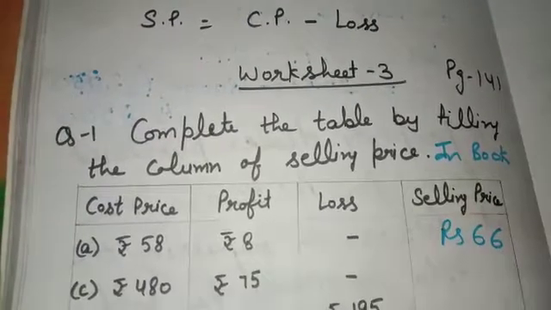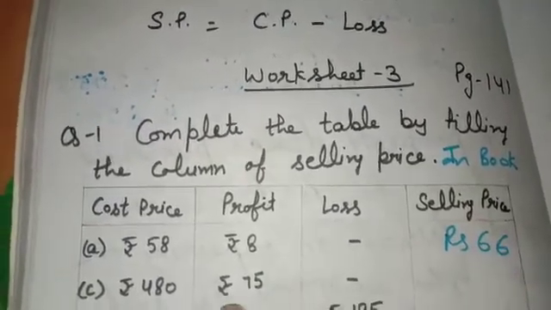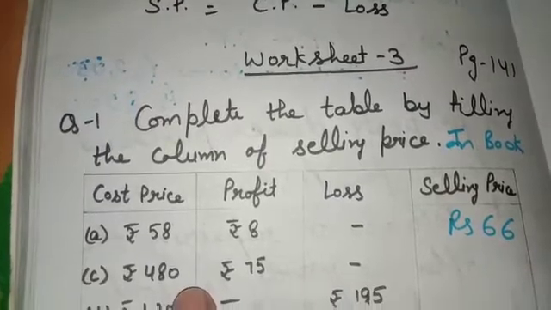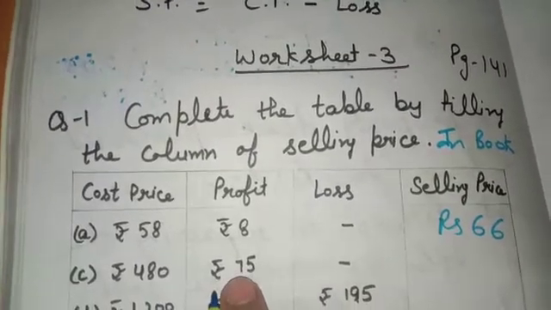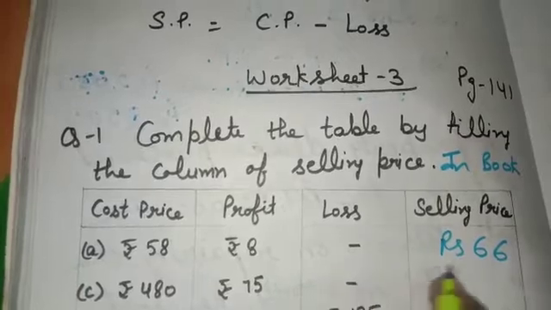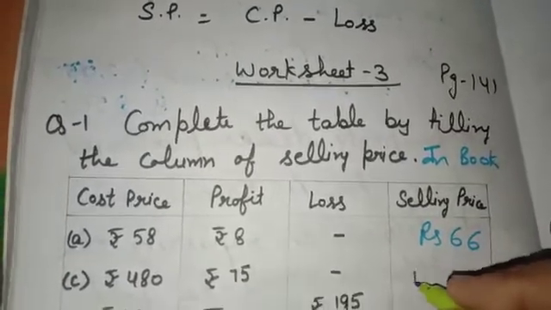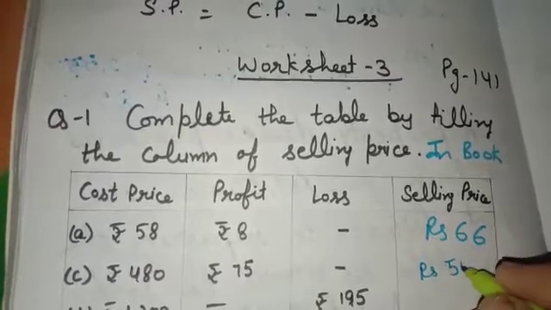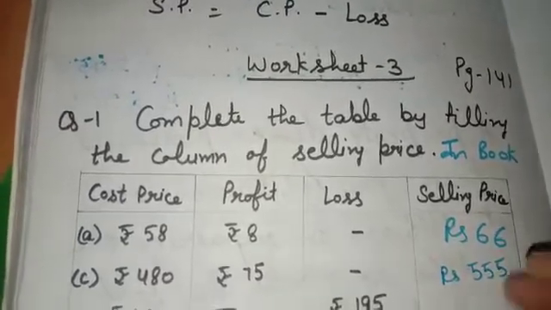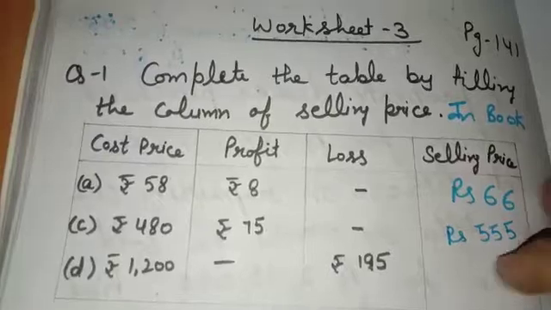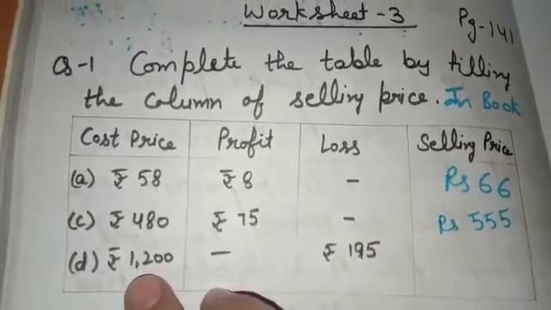Next is the C part. Cost price is 480, profit is 75, then what is the selling price? Again we will add these two things. This equals rupees 555. Come to the next, D part of the question.